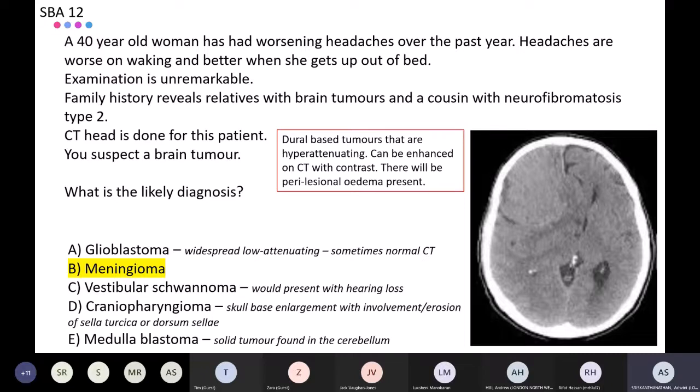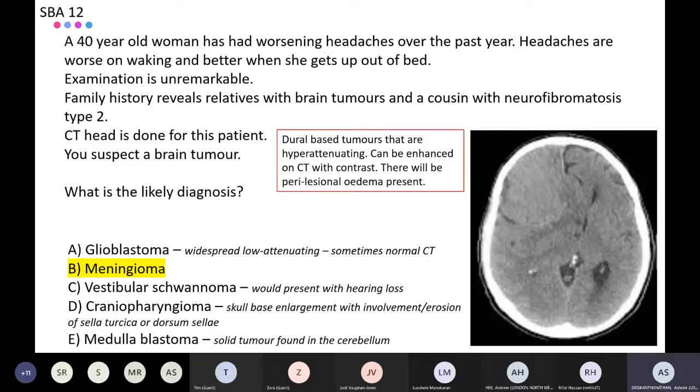Vestibular schwannomas tend to present with a bit of hearing loss as well. Craniopharyngiomas are skull-based enlargements, and it also includes erosion or any sort of involvement of the sella turcica or the dorsum sellae. And then your medulloblastomas are solid tumours usually found around or near the cerebellum itself.